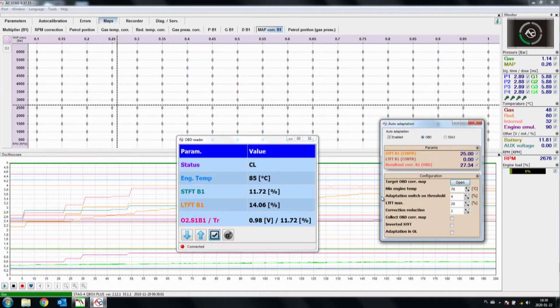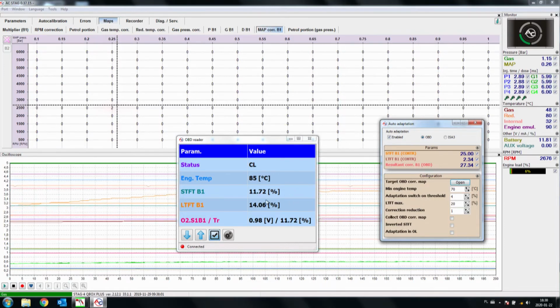Okay, and right now you can see that the resultant correction, resultant means STFT plus LTFT, is 27, right? So our controller is looking at the resultant of the correction, and what is happening? Our controller is changing the mixture also.